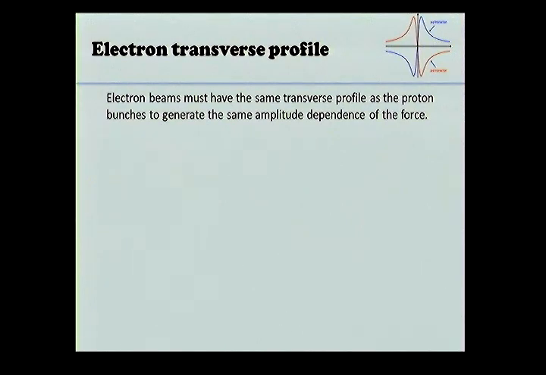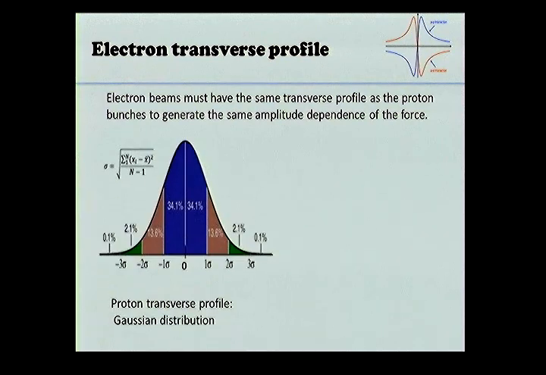Next, I will discuss the parameter tolerance for the beam compensation. First, we discuss the electron transverse profile. As you already learned, the electron beam must have the same transverse profile as the proton bunches to generate the same amplitude dependence of the force. For example, here is the particle distribution of one proton bunch. It has more particles inside and a few particles in the tail.